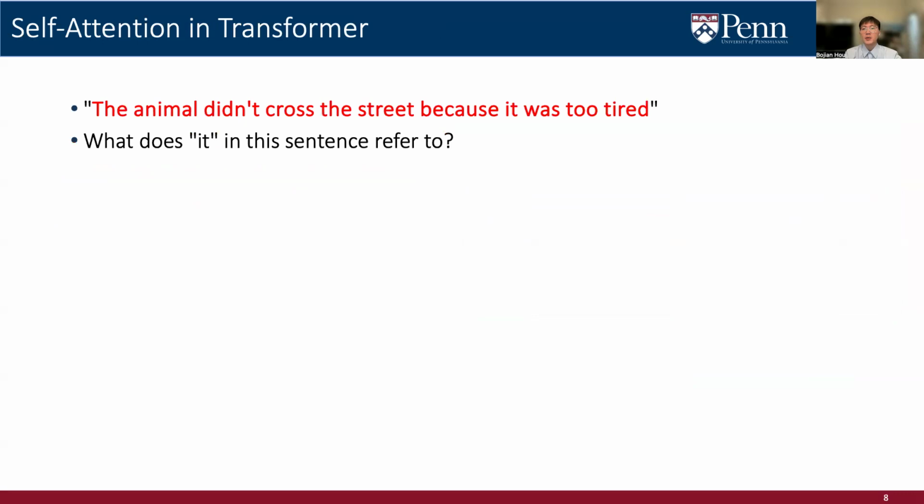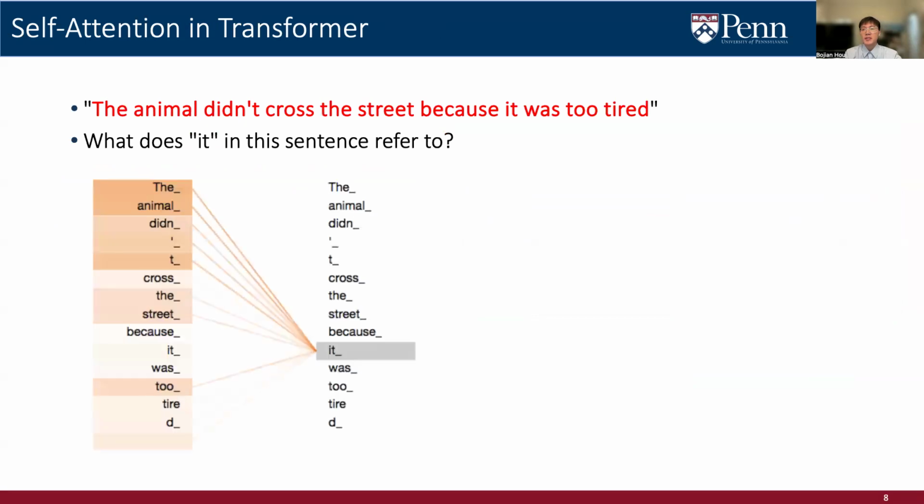Here is an example of the attention result provided by transformer. The sequence is: the animal didn't cross the street because it was too tired. What does "it" in this sentence refer to? According to the figure, we can see that "it" has the most attention to "the animal".